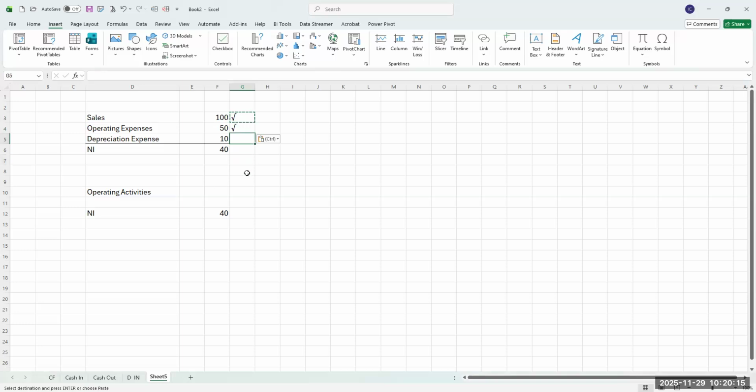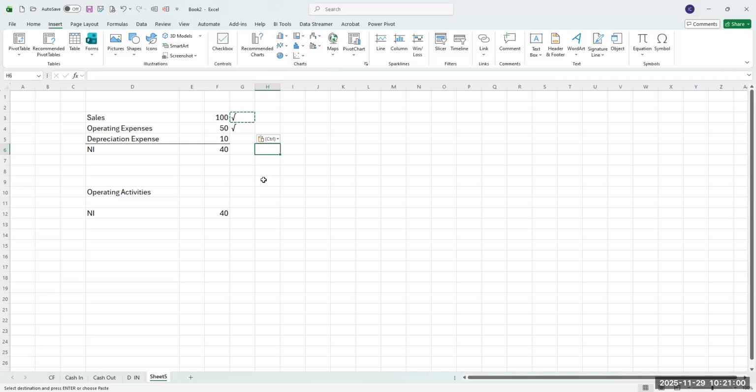Now I'm going to the depreciation expense. And I'm asking myself a question. Do I pay for the depreciation? Can I buy depreciation with cash? What do you say? Yes or no? No. So, is the depreciation related to the cash? No, it's not. So what do I have to do? Because depreciation expense is included in my net income, is my current net income higher or lower than the cash income?